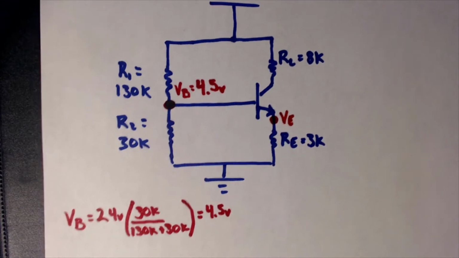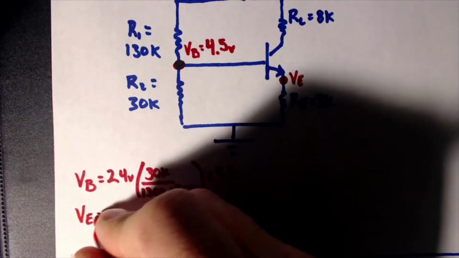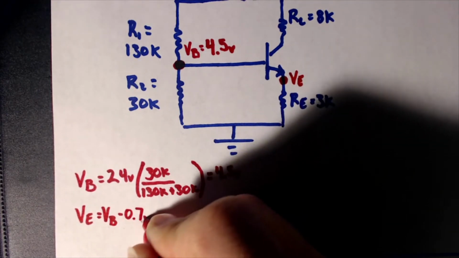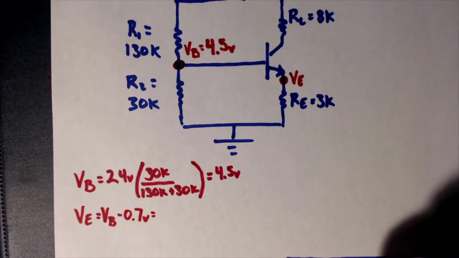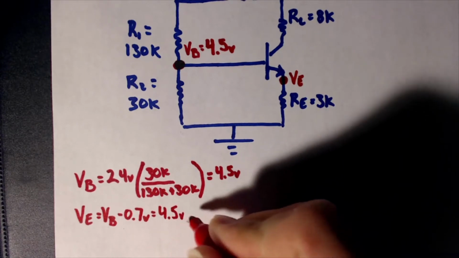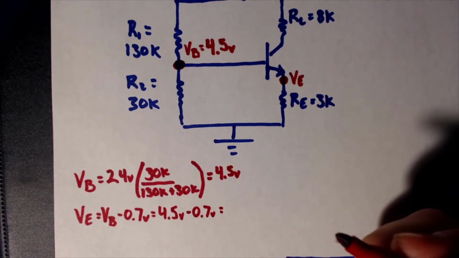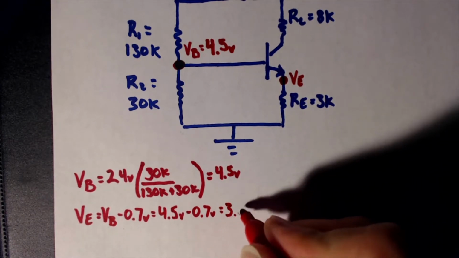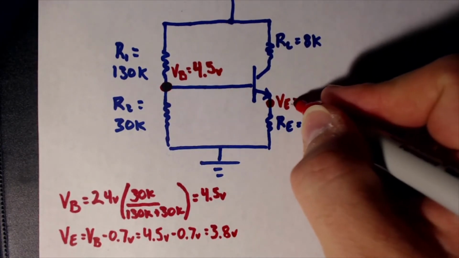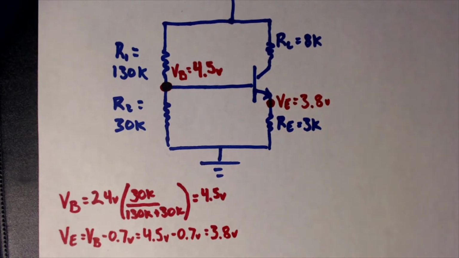So VE is equal to VB minus 0.7 volts, or in our specific case, 4.5 volts minus 0.7 volts. What does that end up being equal to? 3.8 volts. So we figured out V sub E is equal to 3.8 volts.